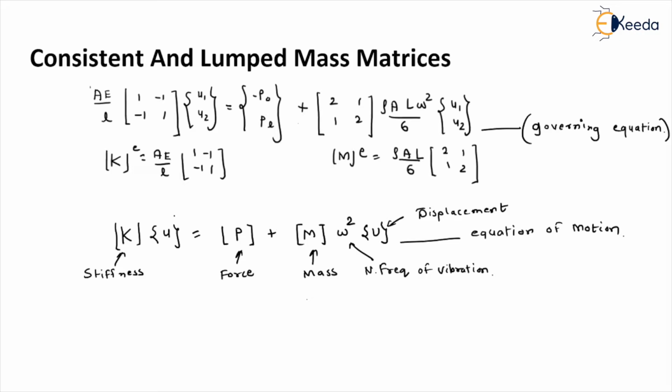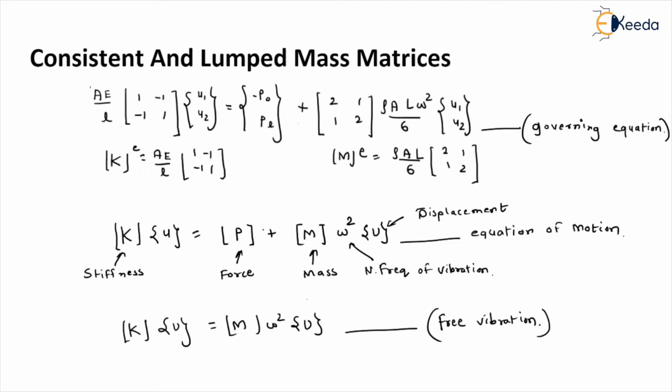So if we are representing the free vibration, then this whole term becomes zero because there is no external force required. So it could be written as K u is equal to m omega square into u. So this is the equation of free vibration. Because there is no external force required, so this component of external force becomes zero.